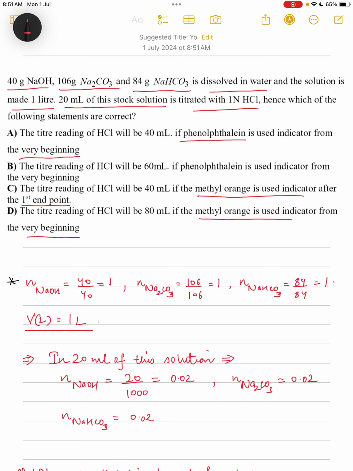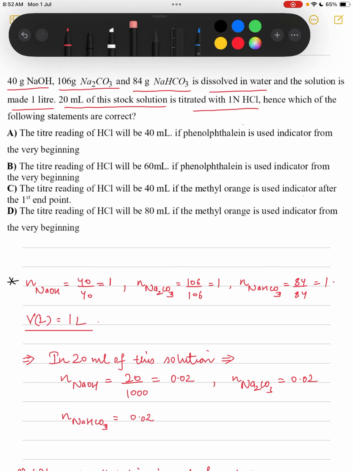So there are three ways in which we perform the double titration. We have to solve the question based upon the given data, and by getting the correct answers, we can easily mark which option is correct. So let's go to the problem and see the solution.